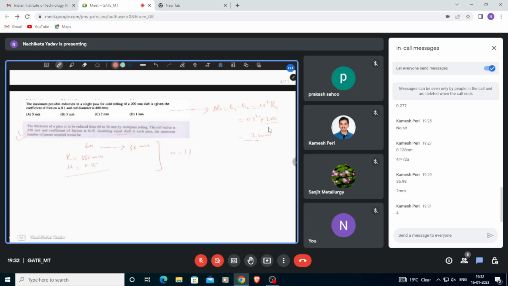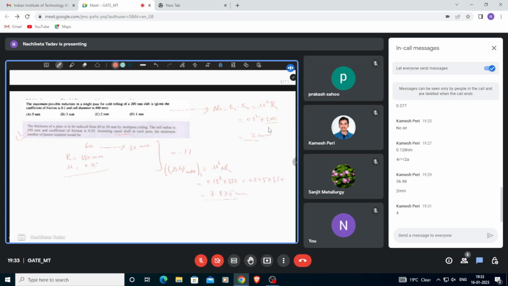So we already know for a single pass, delta H max, suppose it is the first pass, equals mu square into R. The coefficient of friction is given, and R is 350. So from here we will get 7.875 mm.